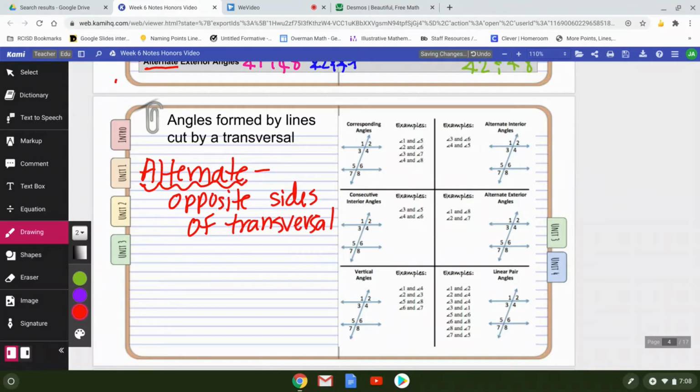And when we see the word consecutive, that means same side of the transversal.